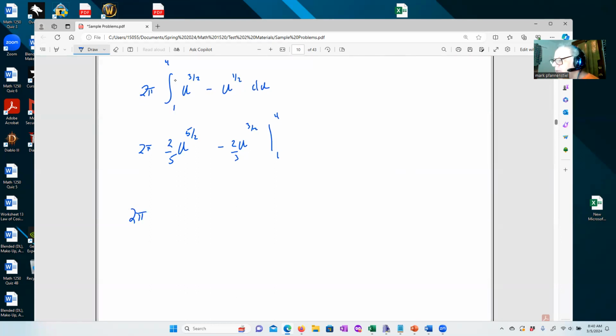2 pi. We have a 2/5 times 4 to the 5/2. That sounds delightful. Minus a 4 to the 3/2. Okay, and this was u evaluated at 4. Minus, let's go ahead and we're going to multiply this whole thing by 2 pi.